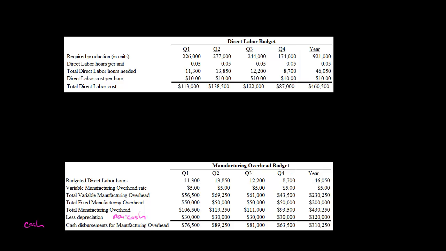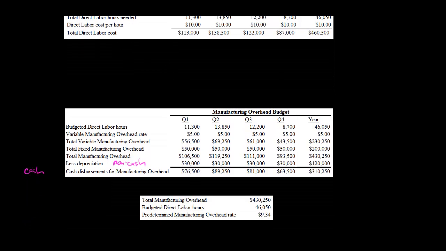Now, when we look at annually, let's say here we've got our total manufacturing overhead budgeted to be $430,250, and that's not the cash disbursements. Well, let's leave aside the cash disbursements for a minute. Let's just look at the total manufacturing overhead budgeted for the entire year. It's $430,250.